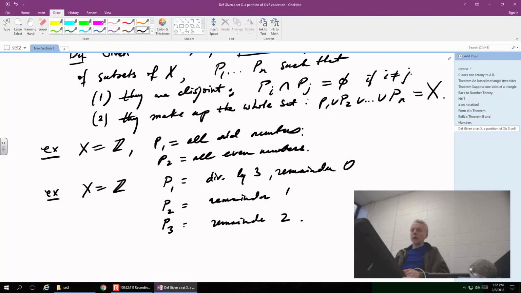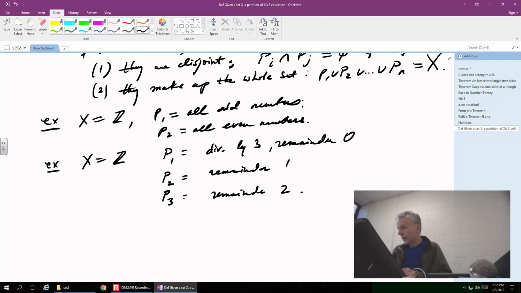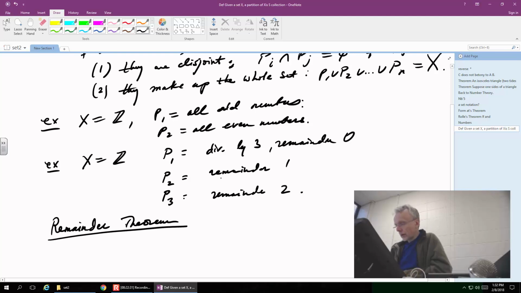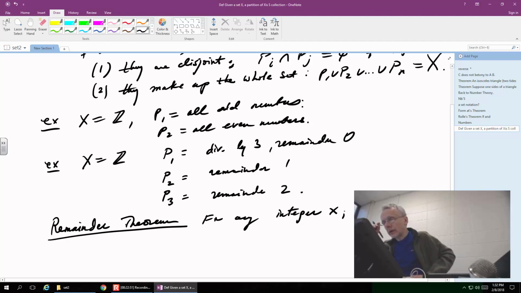In order to continue on with this, we need to state the remainder theorem just in case. The remainder theorem, the one that we proved, remember.